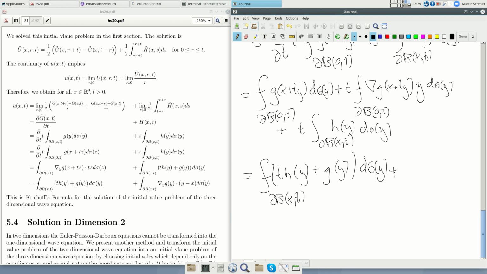Plus, for the second term, we can now put this t inside, then this is ty, and then transform back. And ty we of course may write as the gradient of g of y times y minus x d sigma of y.